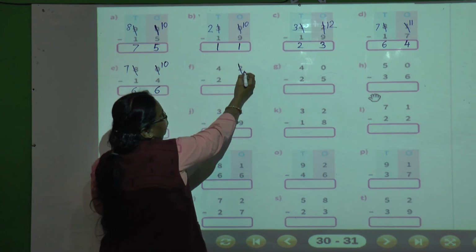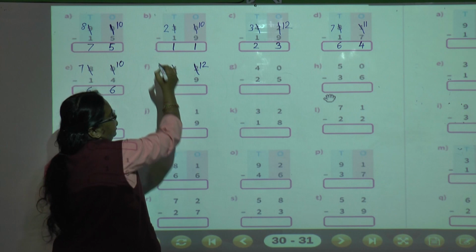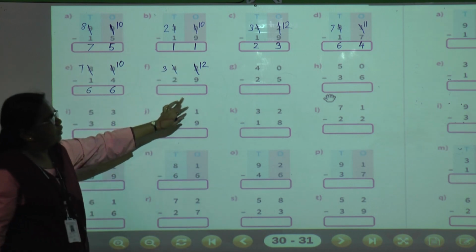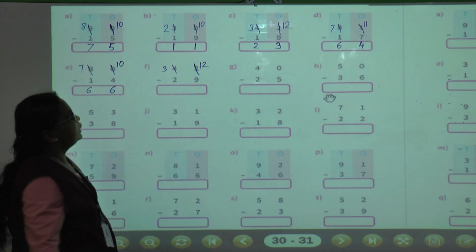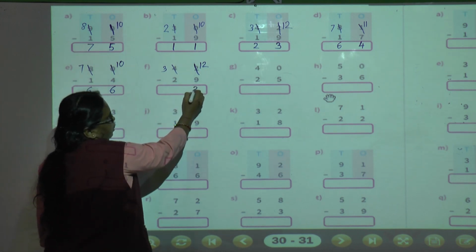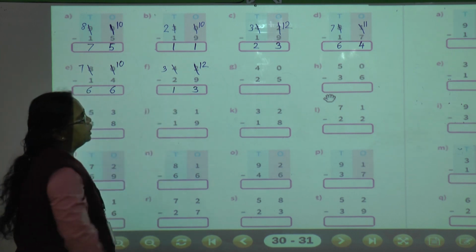Then 2 becomes 12 and here 3. Then 12 minus 9 is 3. 3 minus 2 is 1.